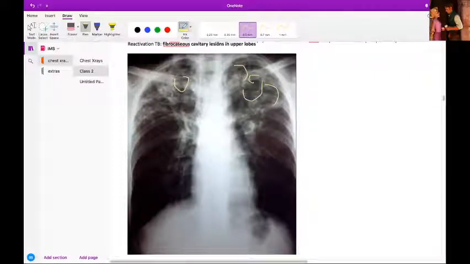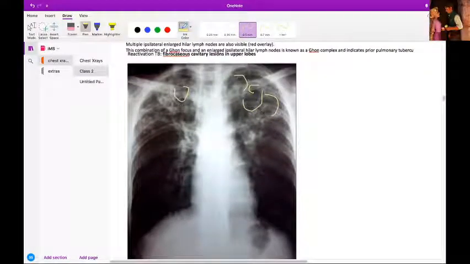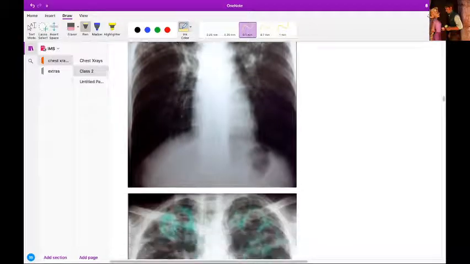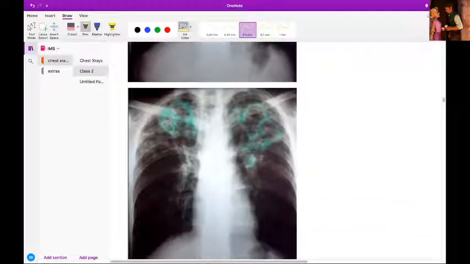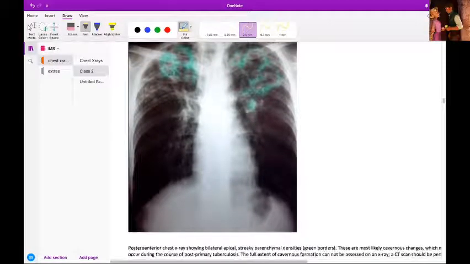Can you see? This is fibrocaseous cavitary lesions in the upper lobes, secondary TB, post-primary TB. Yeah, that's what it's called.